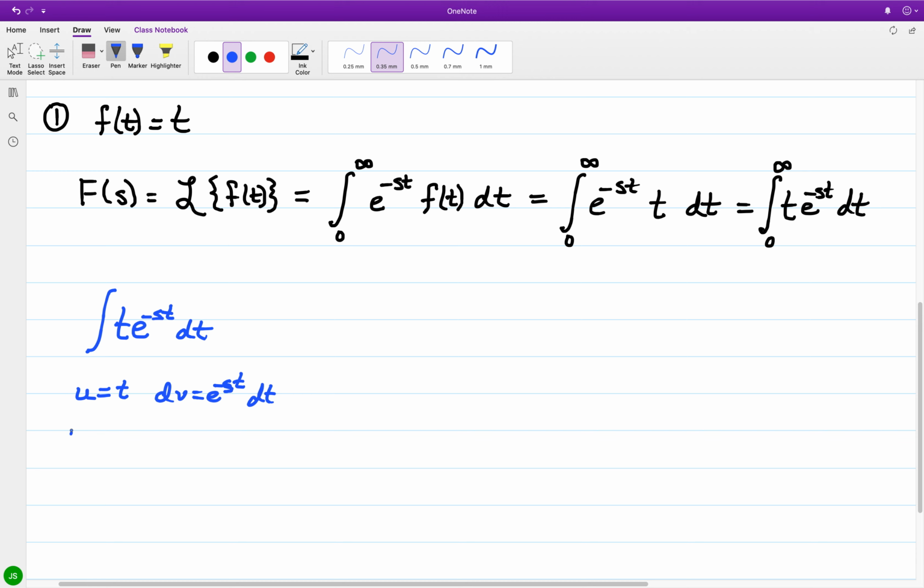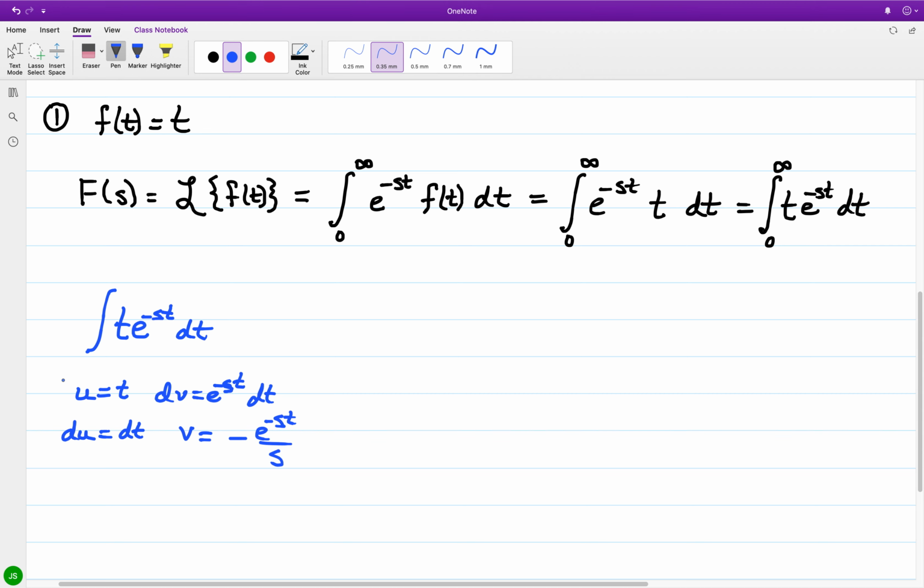And in the differential, u goes to du, t goes to dt. And taking the antiderivative of e to the negative st dt, we're going to have the negative of e to the negative st over s.